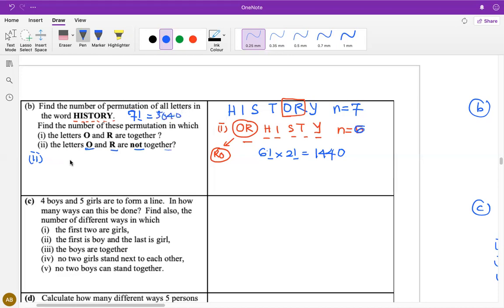So the first method is the total permutation 5040 minus the number where OR is together, 1440. So 5040 minus 1440, you get 3600.